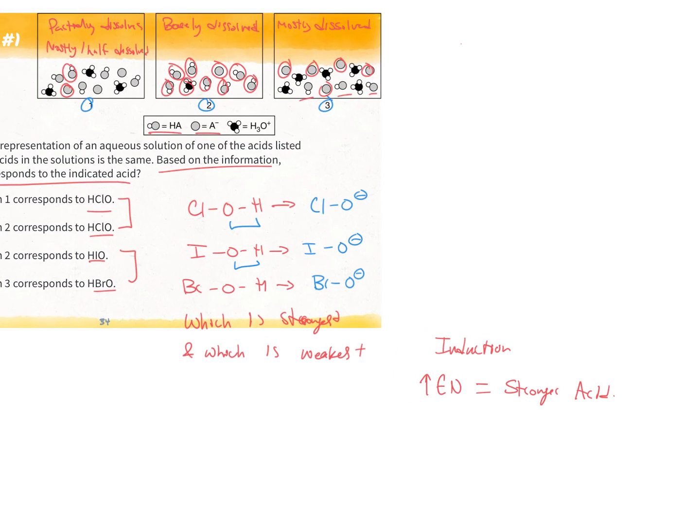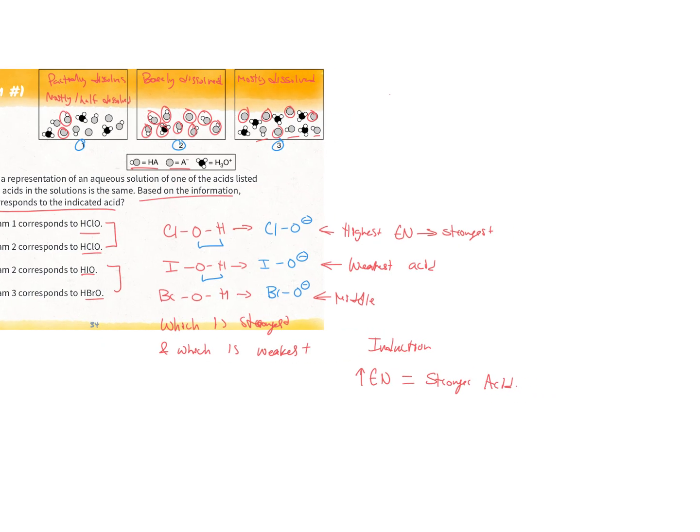So if we look at our periodic table, we should see that this has the highest EN. So this is strongest. This one's in the middle. And I, because it's further down, is the weakest acid. We got to remember what the definitions here mean. Strongest means most dissolved. Weakest means least dissolved. And in the middle means in the middle.